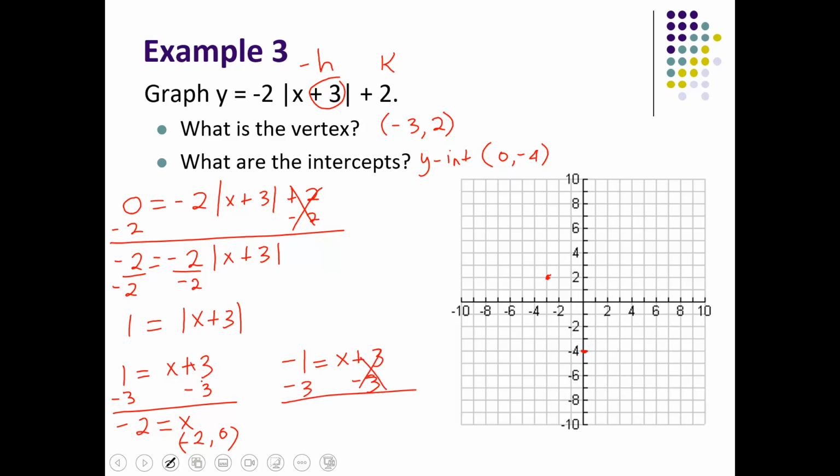This cancels here, and we have -4 is equal to x. So the other x-intercept is -4, 0.